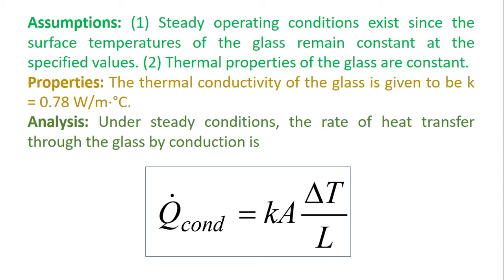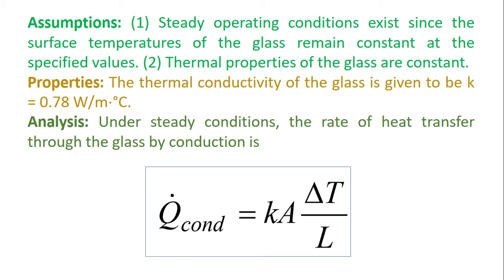The property which we are going to use is the thermal conductivity of the glass, which is given in the question statement, represented by K, and equal to 0.78 watt per meter per degree centigrade. In the analysis, we have seen that the process is steady state, and the heat transfer through the glass is by the conduction process.